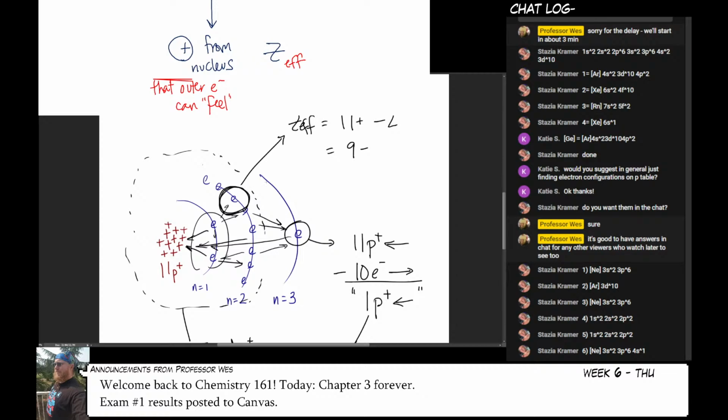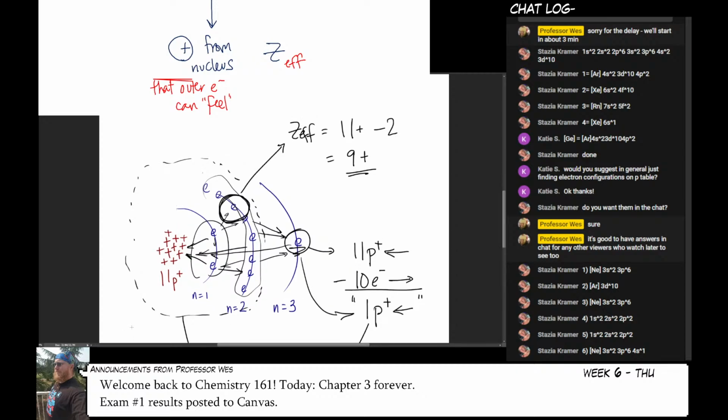So these electrons in the middle here feel the force of 9 protons pulling on them. But because there are 8 other electrons in the way for this outer one, this one only feels 1. I realize you can't quite see my calculation there.